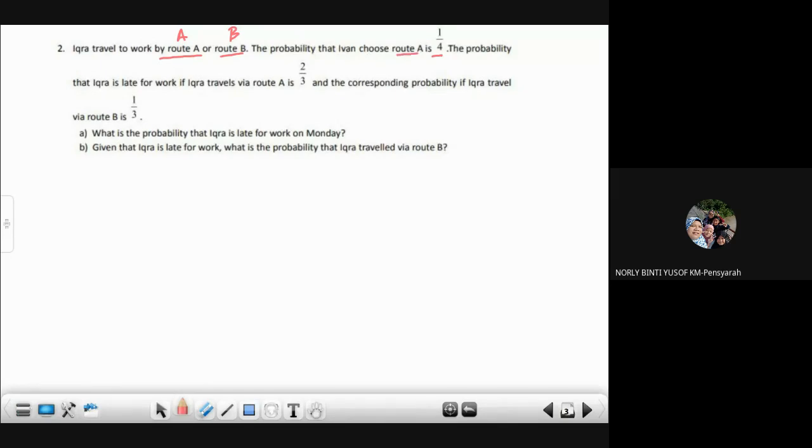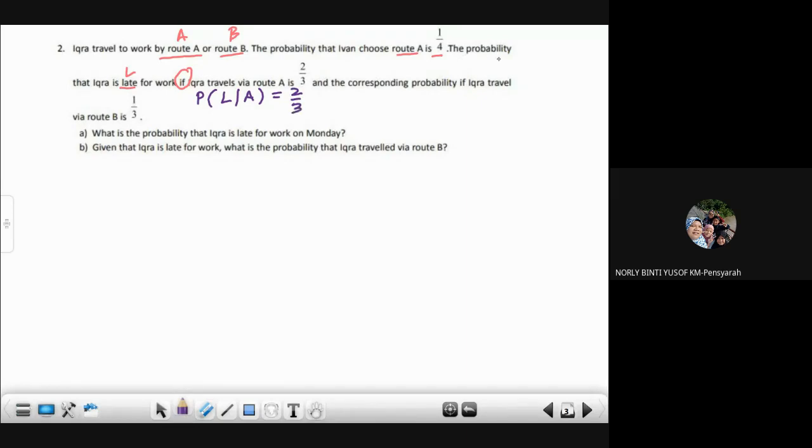The probability for Ikra is late for work if, so ada perkataan if, so maksudnya conditional probability lah. The probability that late, that means you can put as L, if Ikra travels by road A is 2/3. Okay, so dekat sini you boleh determine that the conditional probability given late tapi pakai road A is 2/3.